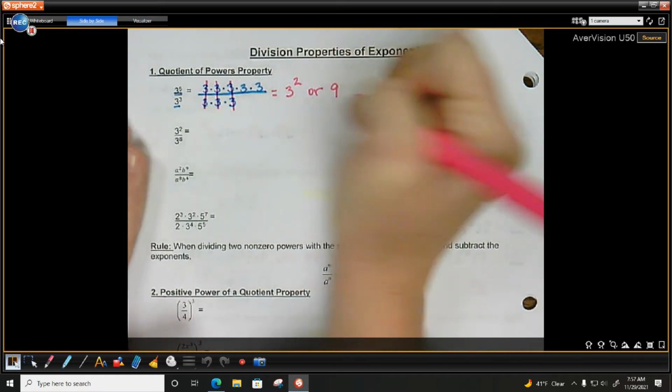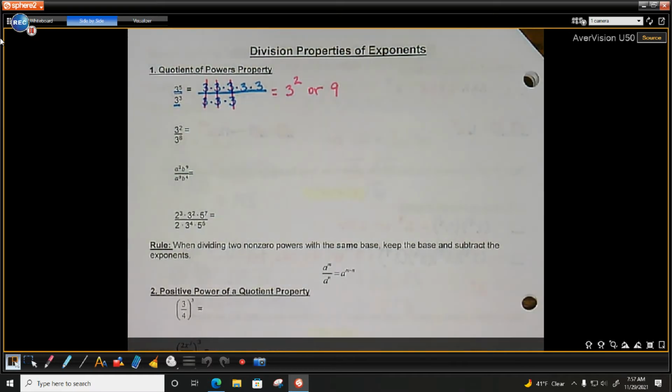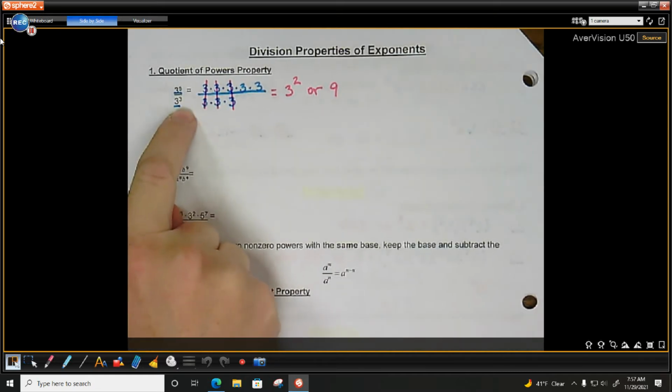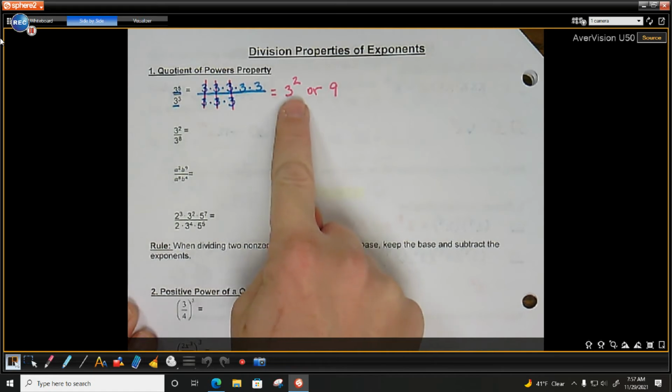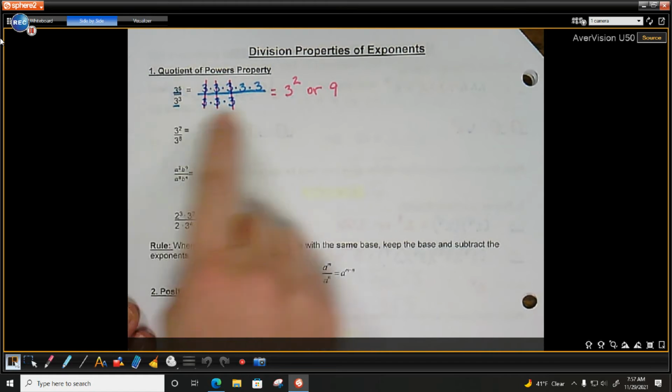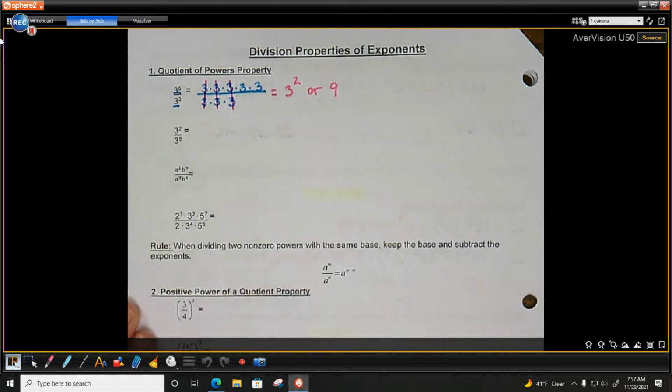Okay, so let's look here. How did we get from exponents of 5 and 3 to an exponent of 2? What did we do with our exponents 5 and 3 to get an exponent of 2? Subtract them. So when we're dividing, you subtract the exponents. When we multiply, you add the exponents.